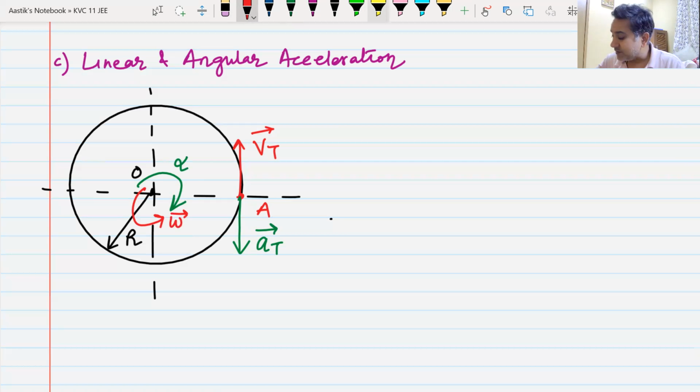There exists a relation between alpha and AT, and that relation is similar to what the relation between omega and VT was. Can you tell me what is the relation between AT and alpha? Remember, AT and alpha both are vector quantities. The relation between AT and alpha is the same as the relation between omega and VT.